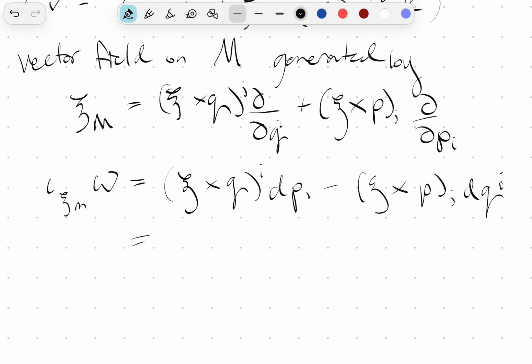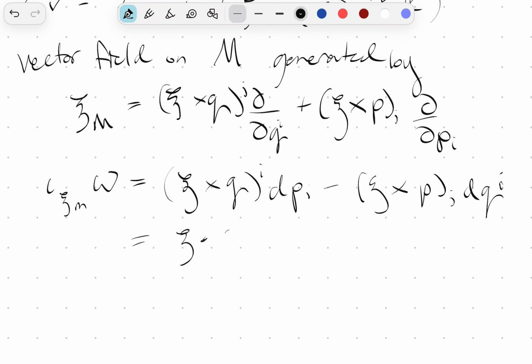And then if we go through, we know that by vector identity, we can take the, let's see.